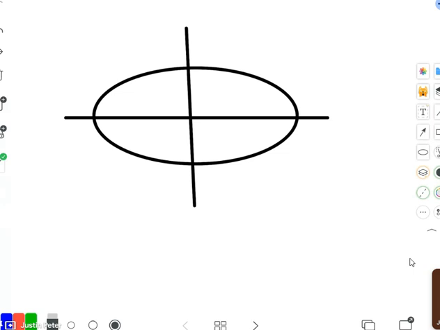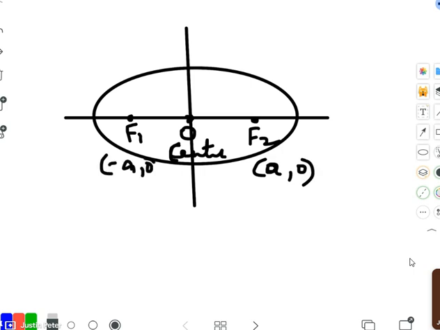Now we said you're going to have the focus, the fixed points over here. And we don't have a vertex. Instead, we have a center of the ellipse. This is a comma 0, and here you will have minus a comma 0.